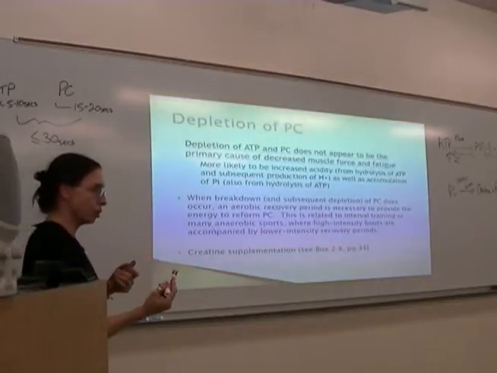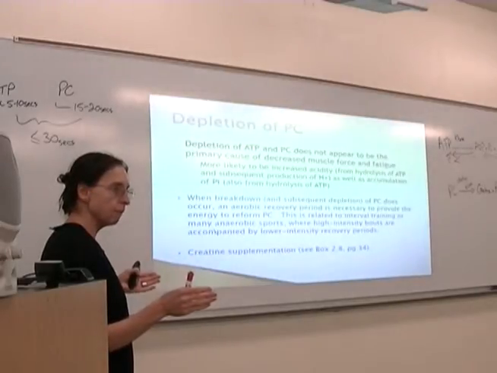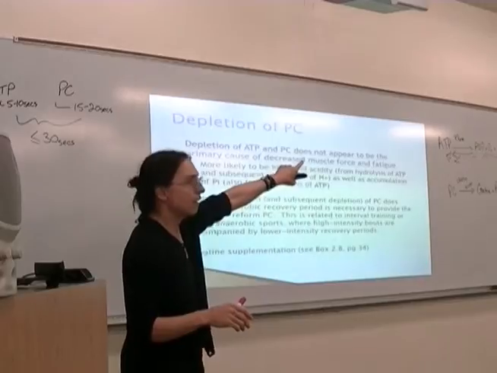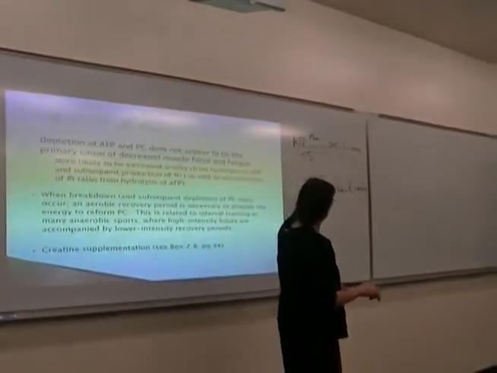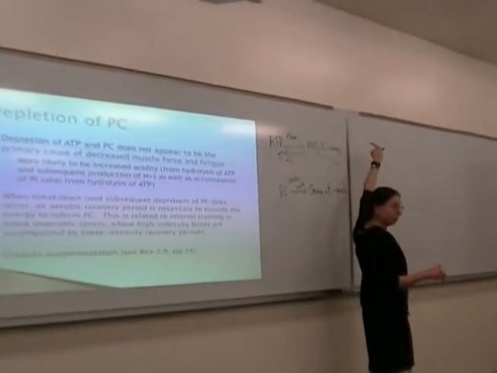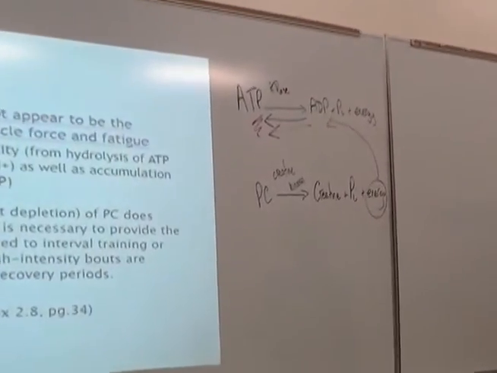What the research is showing is that the fatigue, when you look at a sprinter, is caused by the inorganic phosphate and the hydrogen that gets released from this system, because both of those are acidic.